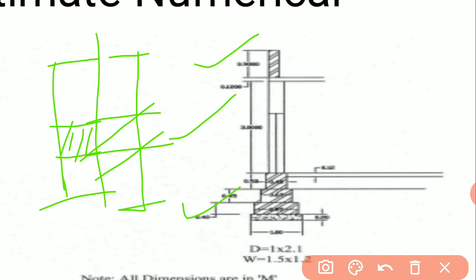In some cases there are openings in the form of windows also. We don't provide an actual window frame, but it is an opening to communicate from one room to another room. So all such works are considered as deductions, and we are going to deduct that much volume from our brickwork. Clear?